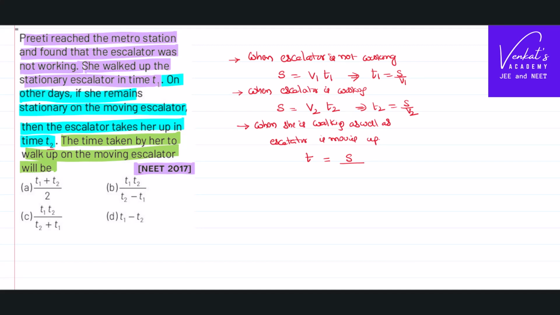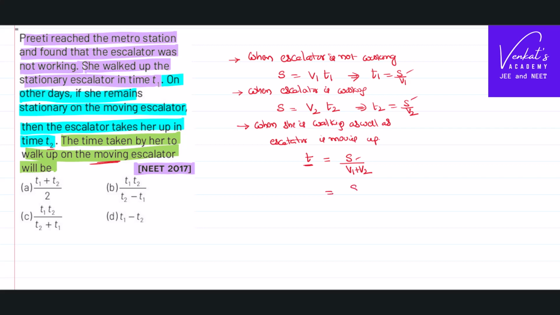As both of them are moving, in this case it is obvious that she will reach the destination quickly. So the numerator is the same in all these cases. If she moves quickly, this t is less. T is less means this denominator is more. That means both the velocities add up and that takes less time for her to travel. So this t is what he is asking us to find out.